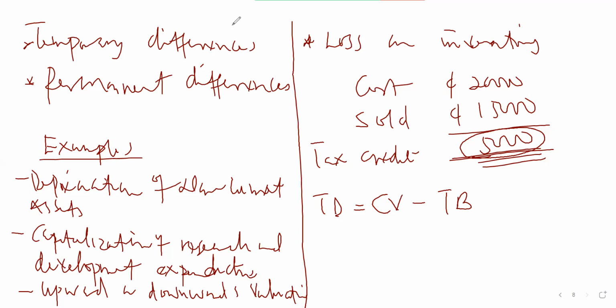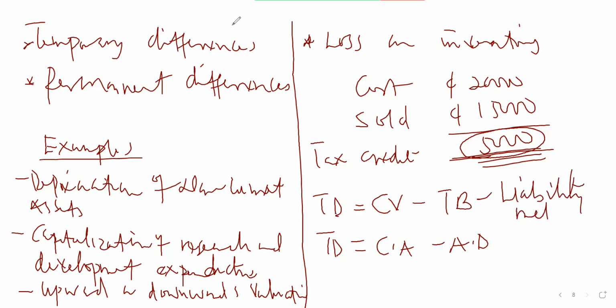You can also find the temporary difference using capital allowance and accounting depreciation for the year that you want to do. But the standard recommends the liability method, which is the carrying value minus the tax base.